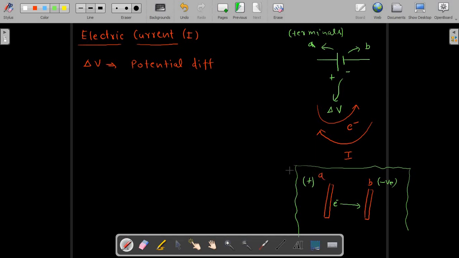Positive terminal means electrons donated, and negative terminal means electrons accepted.